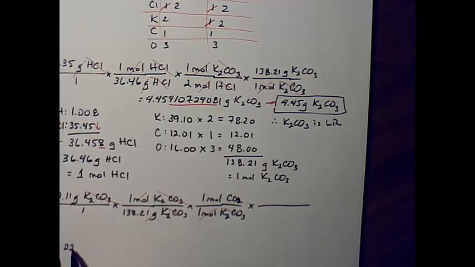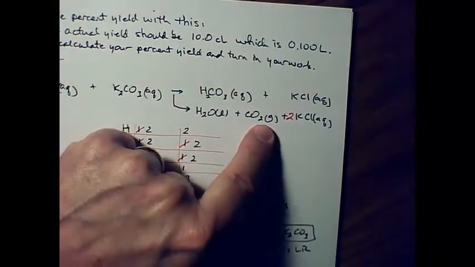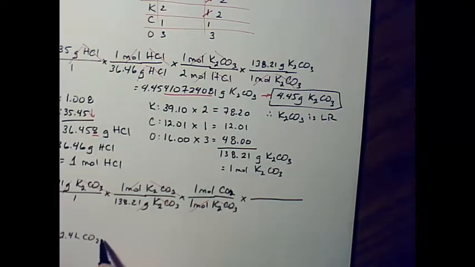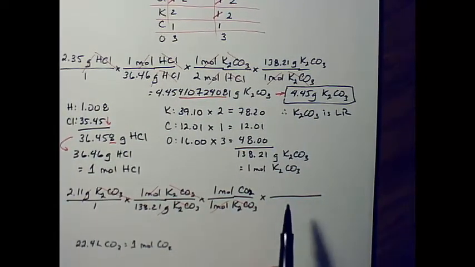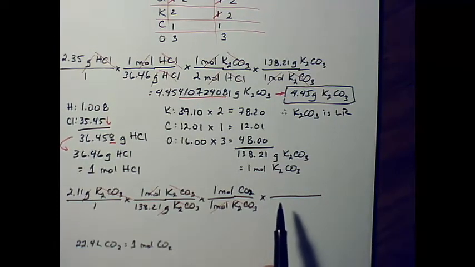You just have to remember that 22.4 liters of any gas, in this case CO2 is a gas, we said so right up here, okay, of CO2 is equal to 1 mole of CO2. I want you to always write down those equality statements to justify writing this conversion unit so you don't get confused, okay? Writing it down helps you not to be confused, okay?